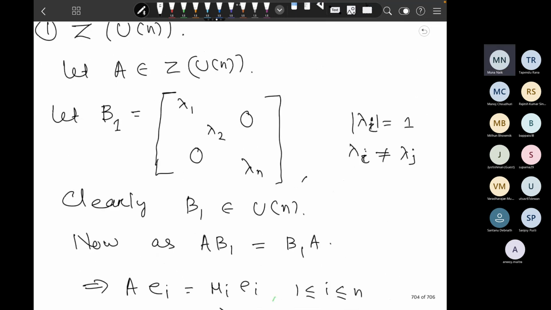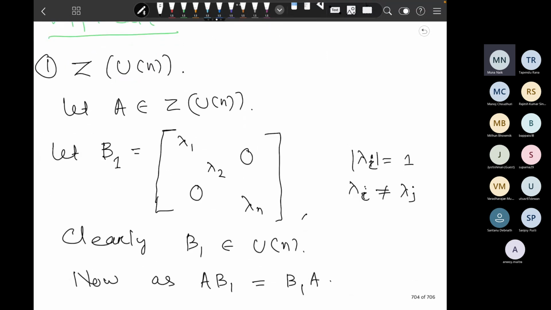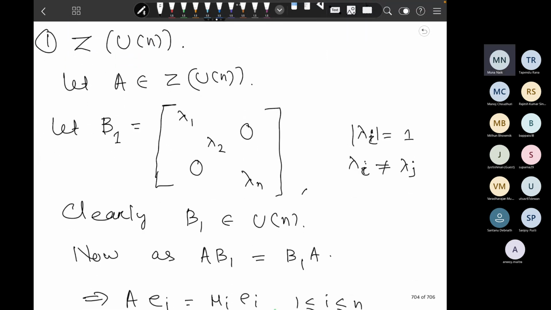So let us quickly recap what we have done. First, you take A belonging to Z of UN. First you should choose an element B1 which has distinct eigenvalues and is diagonal. Such elements are called regular elements.